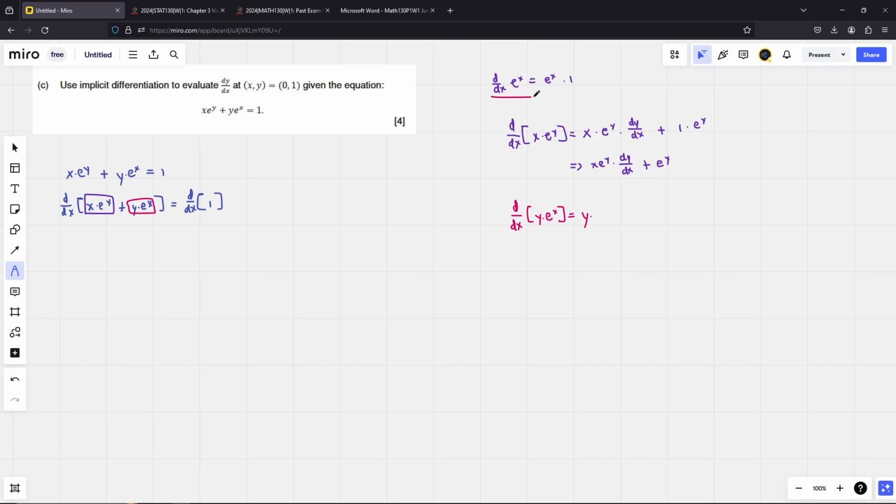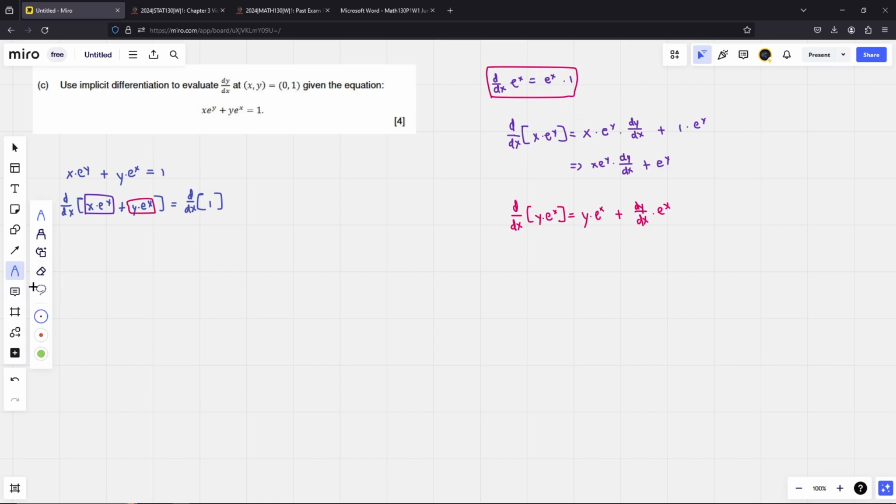Remember that the derivative of e to the x with respect to x is just e to the x. So that's just going to be the same thing. And we have a product rule, so I'm going to add. Now the derivative of y with respect to x is just going to be dy by dx, and we can copy down the second function as is.